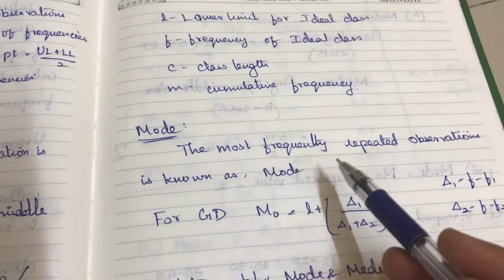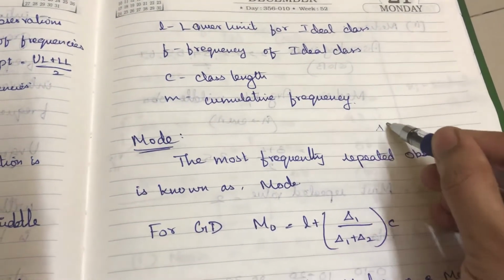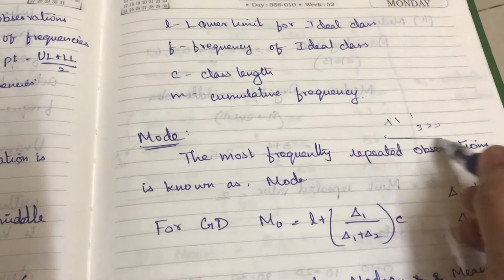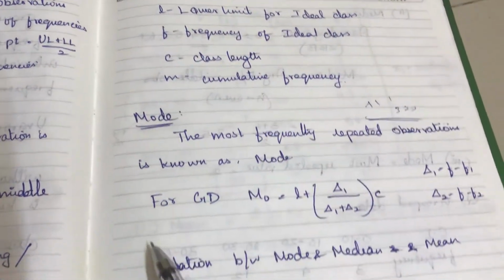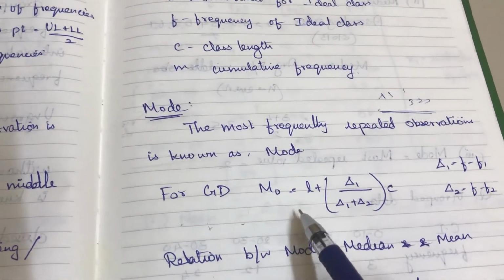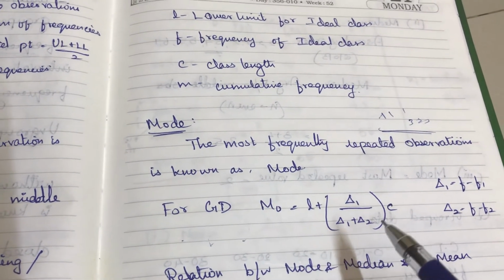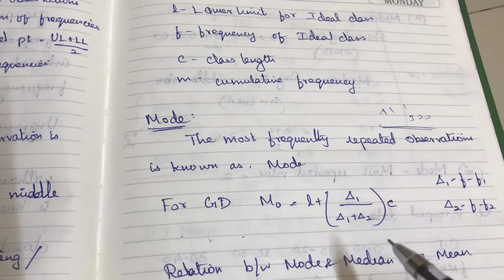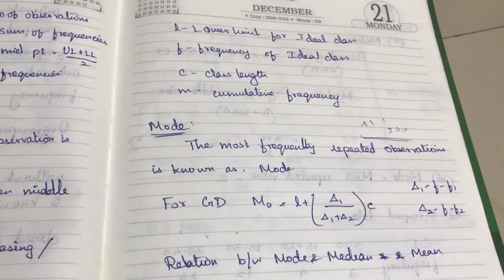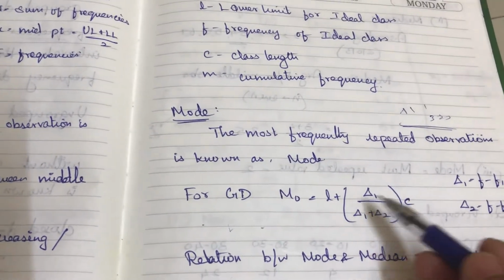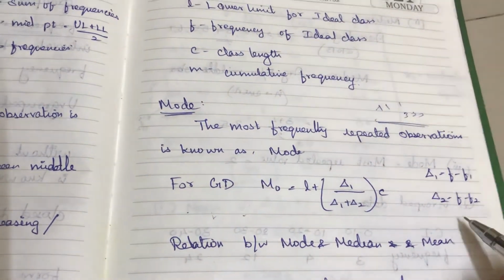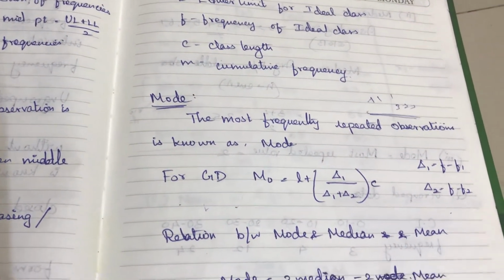The most frequently repeated value, if I got 1, 1, 1 or 3, 3, 3, this one is the mode. For grouped data, mode will be equal to L plus del 1 by (del 1 plus del 2), into C, where del 1 is equal to f minus f1, and del 2 is equal to f minus f2.